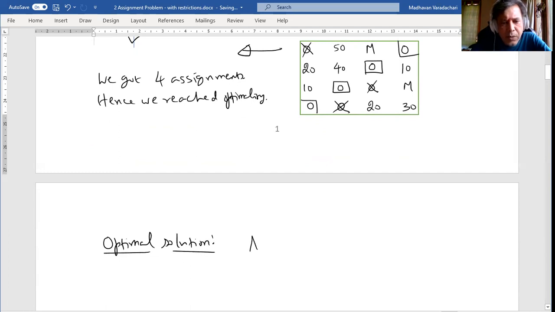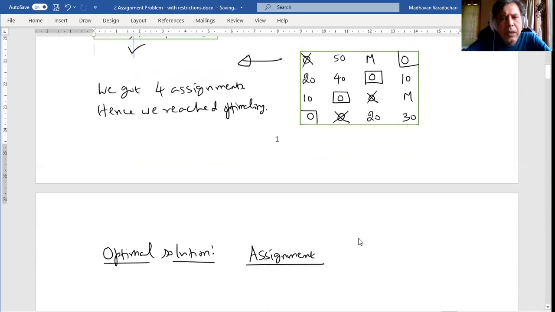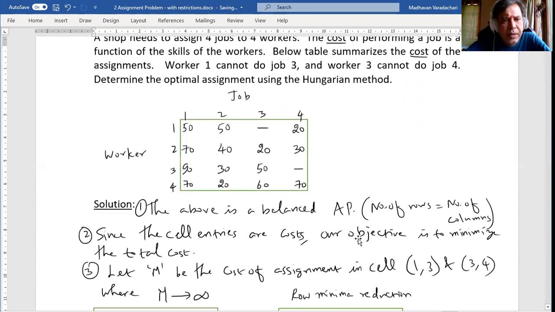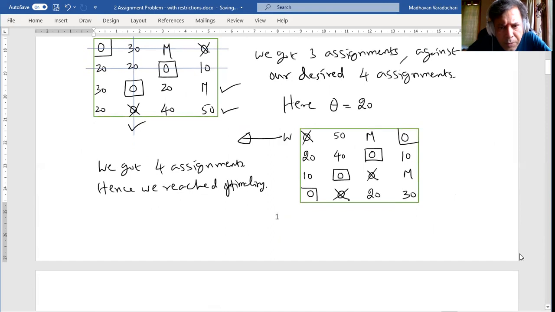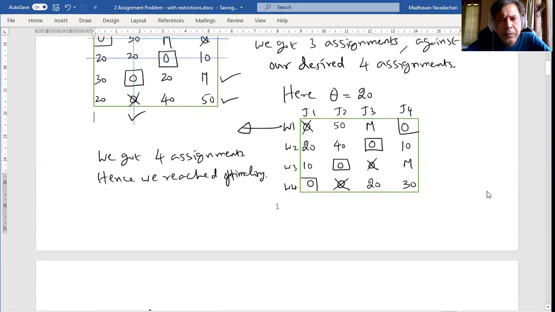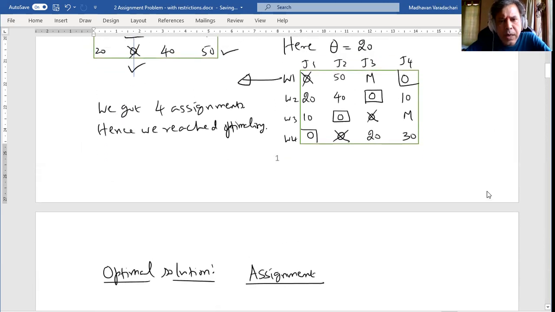I will first write down the assignment, as the first column. What is this and what is this? These are all workers and these are all jobs. So let me write here worker 1, worker 2, worker 3, worker 4, job 1, job 2, job 3, job 4. Now, worker 1 is assigned to job 4.